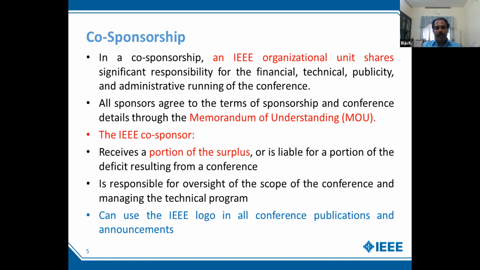In co-sponsorship, all the co-sponsors receive a portion of the surplus, and if there is a deficit, all the co-sponsors have to bear a portion of the deficit equally. All the co-sponsors are responsible for the oversight of the conference and managing the technical program. All the co-sponsors can use the IEEE logo in all conference publications and announcements, and in the call for papers, etc., on their respective websites.